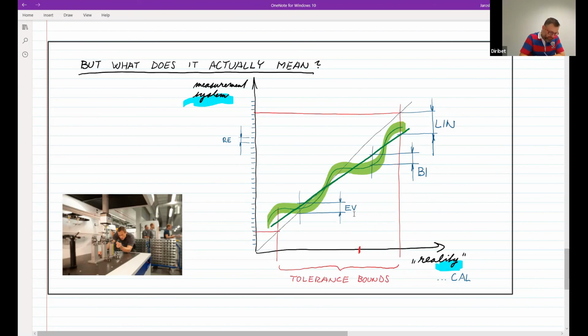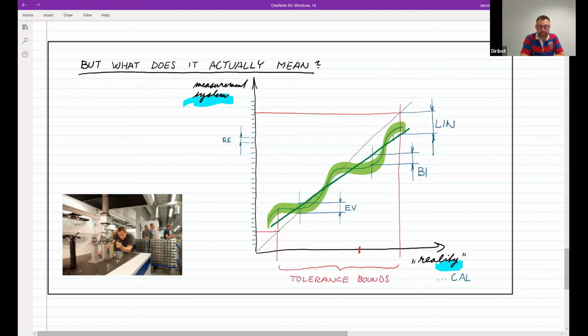And this value gets translated into the measuring system, where first it hits the random error, the belt, so it randomly chooses the value from this belt, and this belt is deviated by the bias from something that can be compensated by a line.